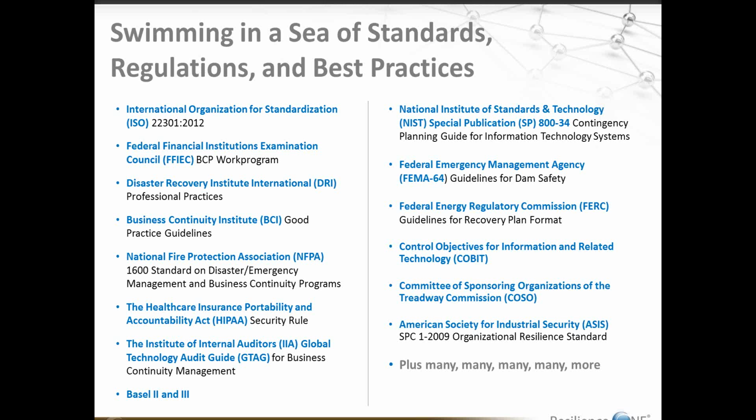That whole 800 series covers a lot of points around business continuity management, or what they call COOP planning, continuity of operations planning, the government term. There's a lot of good content around that. Some of it's a bit outdated, but that guide is primarily, if not all, about IT disaster recovery.